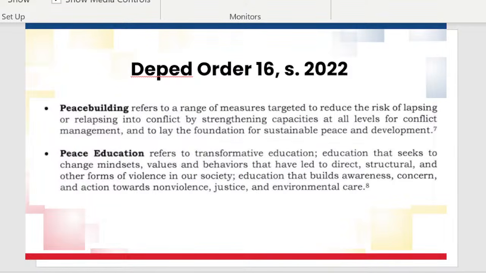So this is the reverse of indoctrination. That is to change the mindset, the values and behaviors that led to violence. That's peace education.